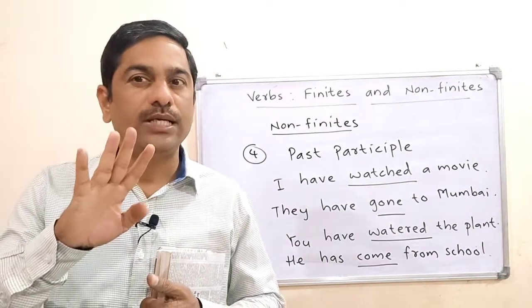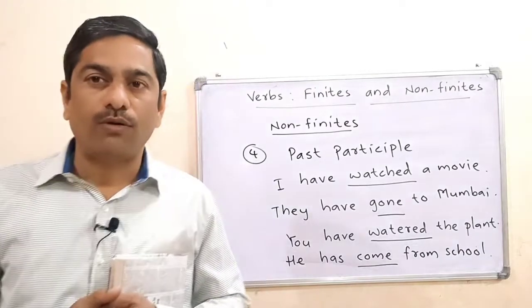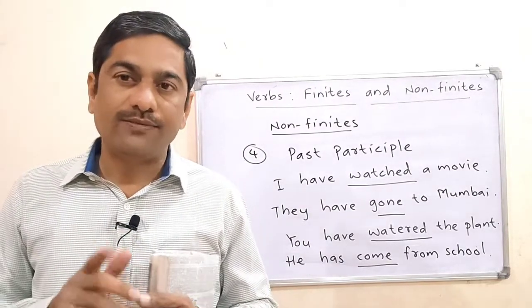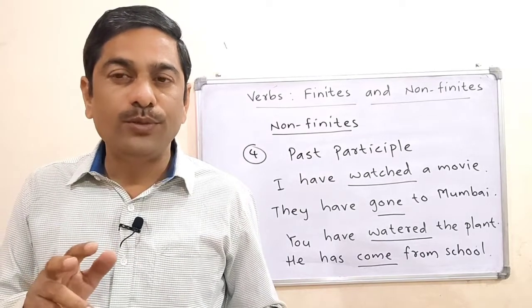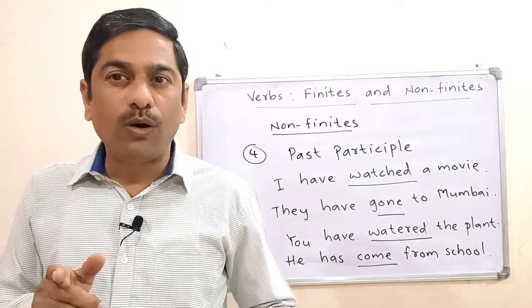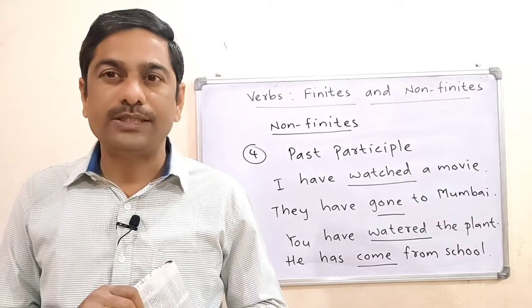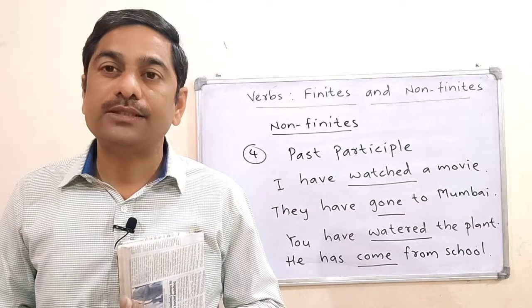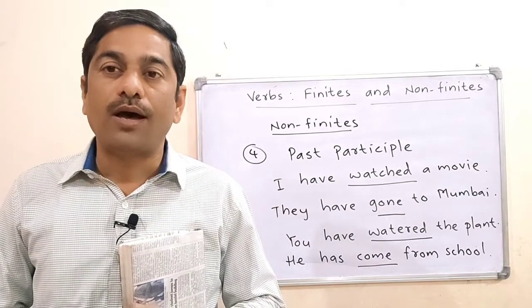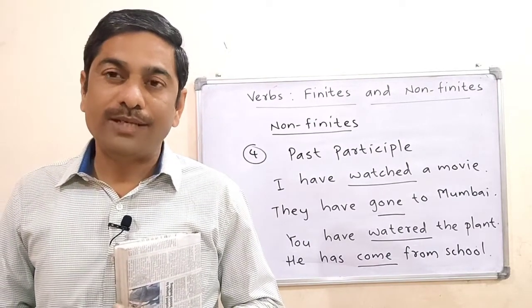There are four subtypes of non-finites. The first one is infinitive. In infinitive there are two types: infinitive with to or without to, that we studied. And the second one is present participle. What is present participle?